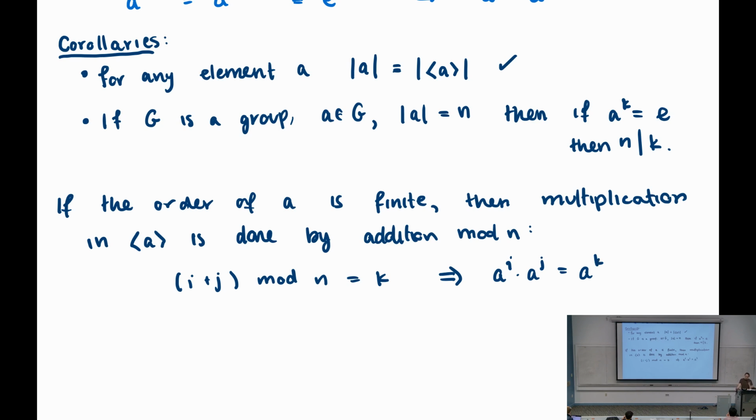Because if I take this product, then in the exponent I would get i plus j, but any existing copies of n in there will send a to a power which is a multiple of n, that will go to the identity, and so you're just left with the remainder on division by n. And that's exactly given to you by taking this addition mod n.